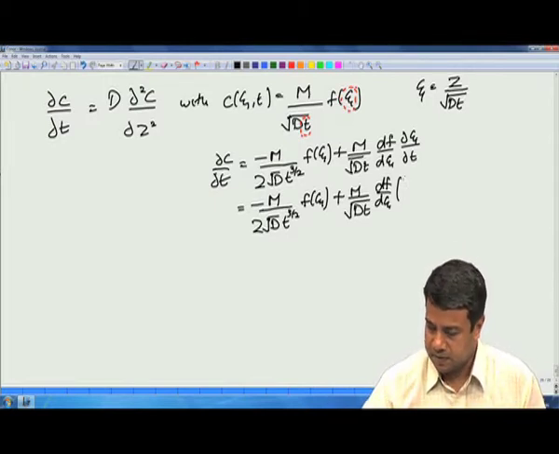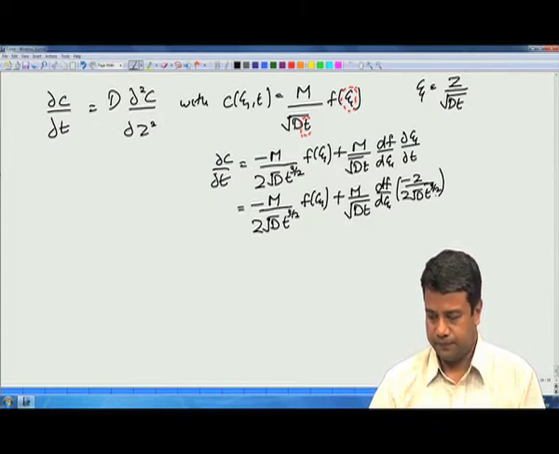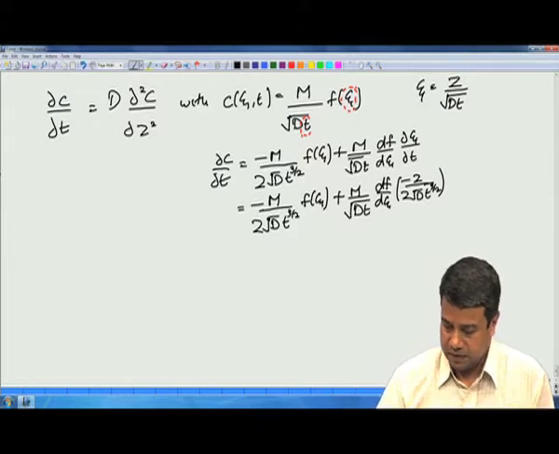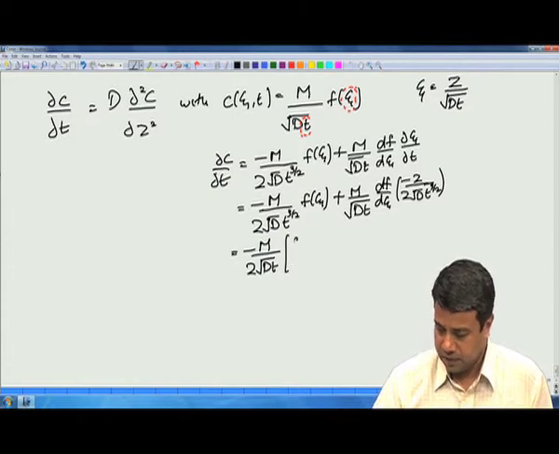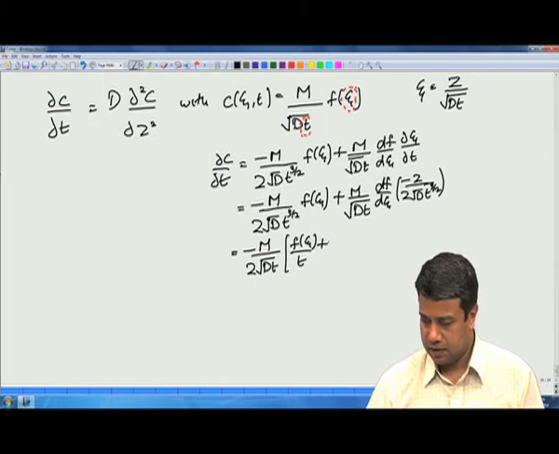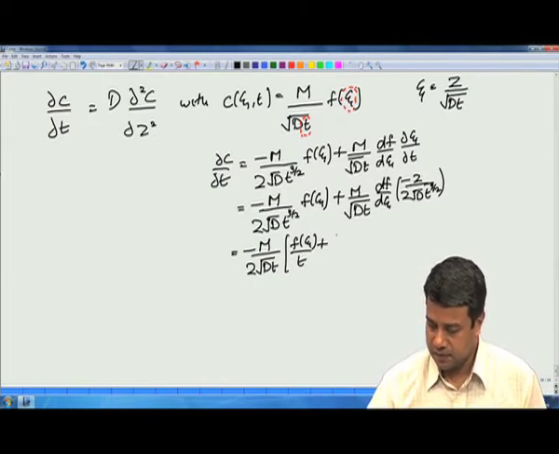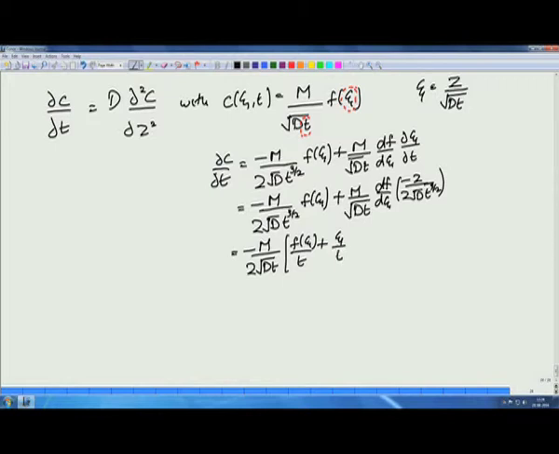So, this becomes minus z by 2 root D t to the 3 halves. So, this is minus m by 2 root of Dt into f of psi by t plus this term here, which is basically equal to psi by t.